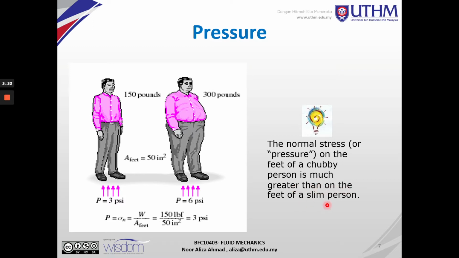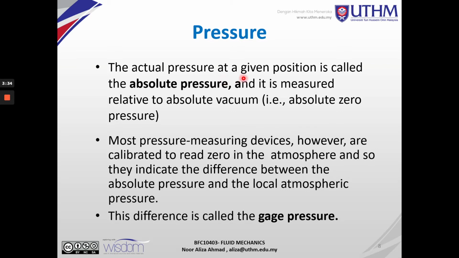So the normal stress or pressure on the feet of a chubby person is much greater than on the feet of a slim person. The actual pressure at a given position is called the absolute pressure, and it is measured relative to absolute vacuum. Most pressure measuring devices, however, are calibrated to read 0 in the atmosphere, and they indicate the difference between the absolute pressure and the local atmospheric pressure.